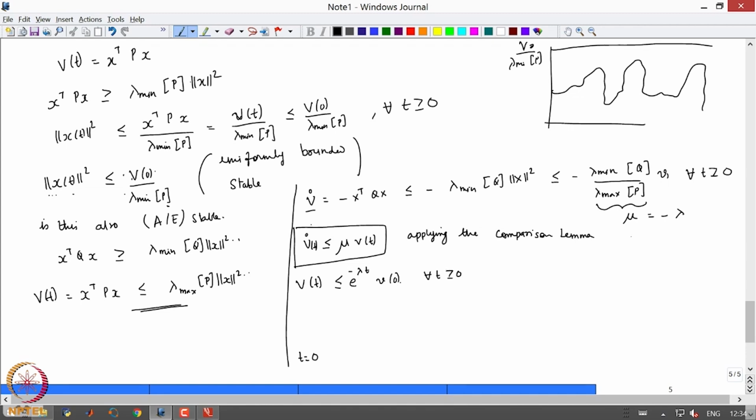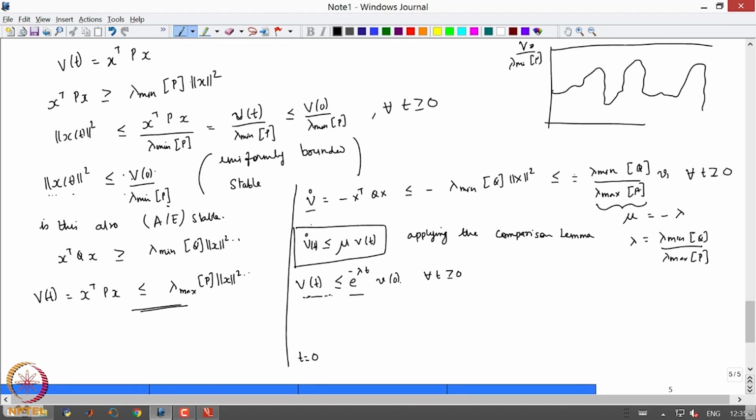So, this lambda is lambda min of Q over lambda max of P. What does this tell me about V? This lambda will always be greater than 0 because Q and P are positive definite matrices, so all their eigenvalues will be strictly positive.